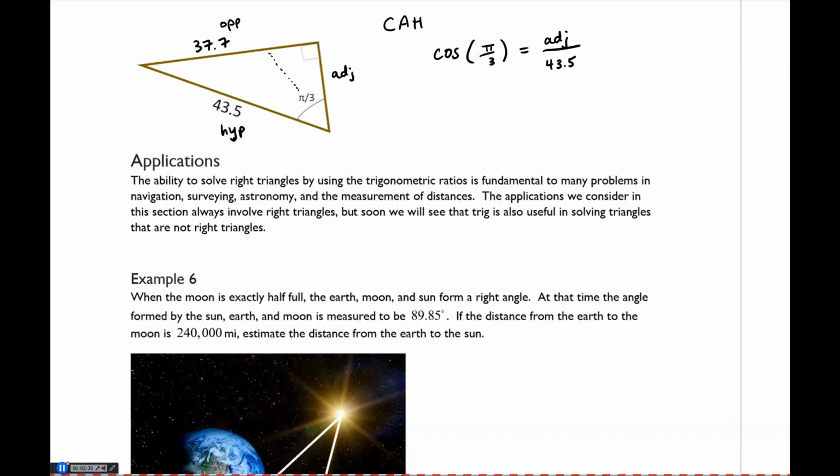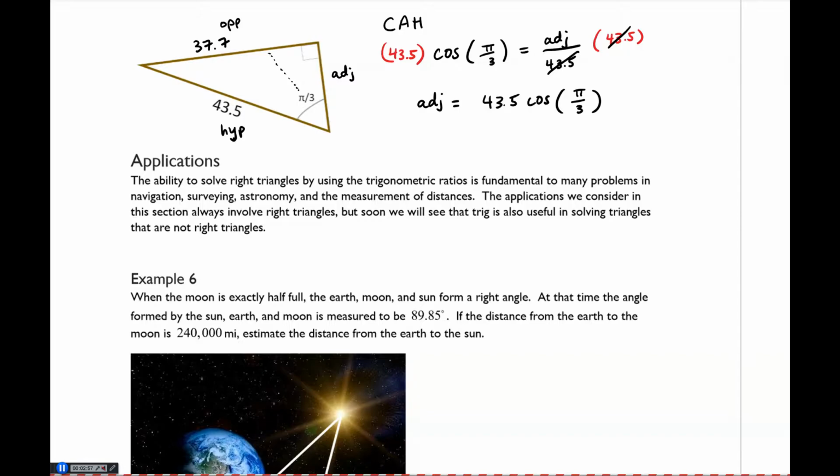And just like we did previously, if I multiply both sides by 43.5, then we would get that the adjacent length is equal to 43.5 times cosine of pi over 3.